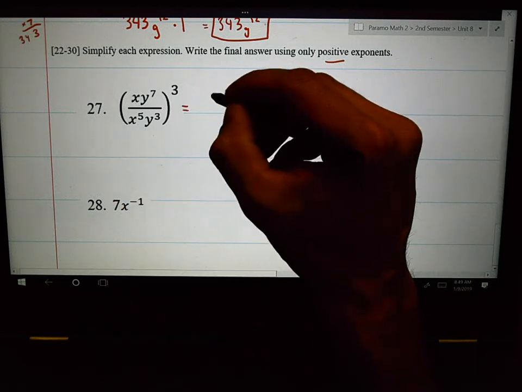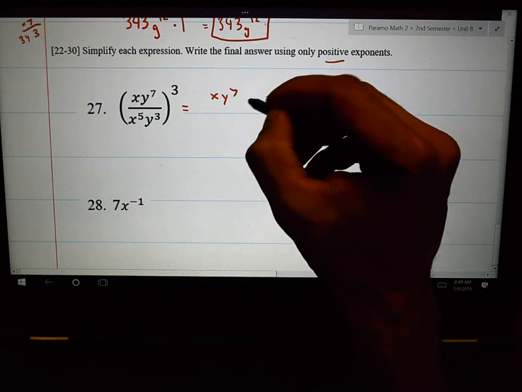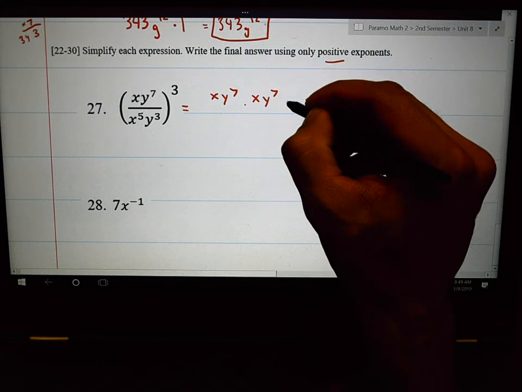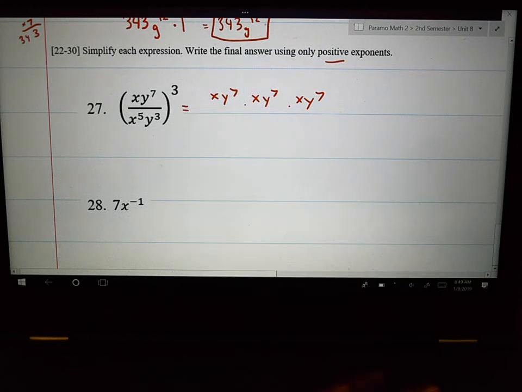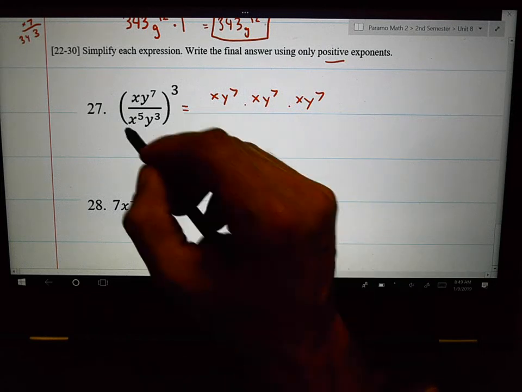I have one of these, I have another one of these, I have another one of these. There's 3 of those in the numerator, aren't there? And then I have 3 groups of these in the denominator.